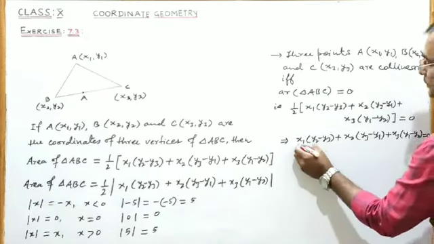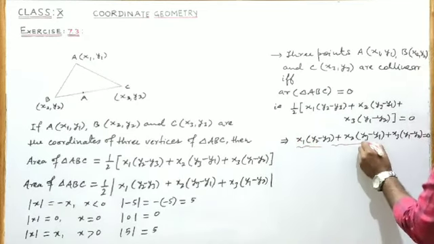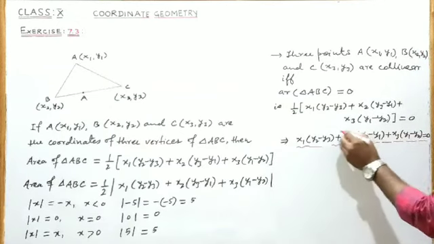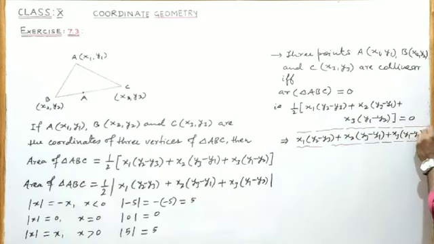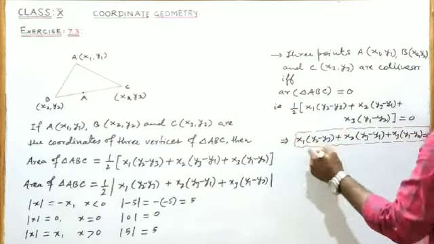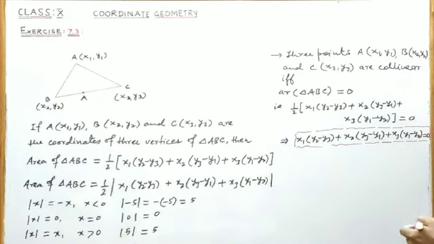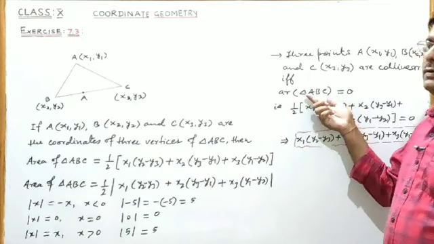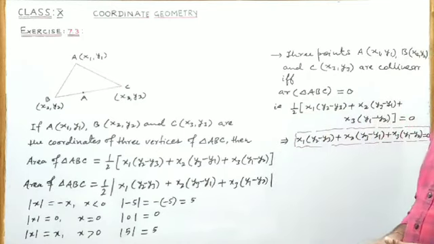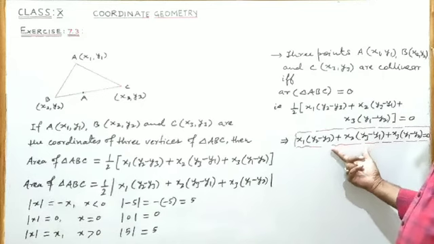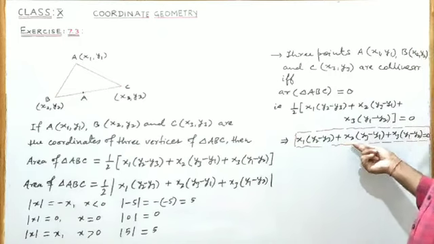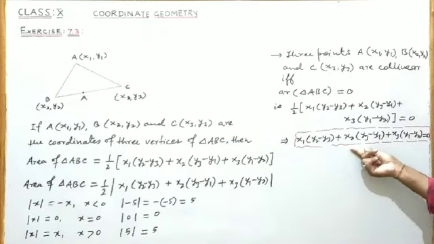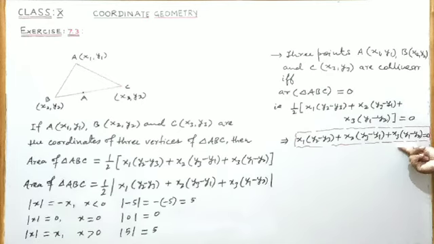So 3 points will be collinear if area of the triangle formed by joining 3 points is equal to 0, and area of triangle formed by joining 3 points will be 0 if this expression x1 into y2 minus y3 plus x2 into y3 minus y1 plus x3 into y1 minus y2 is equal to 0.